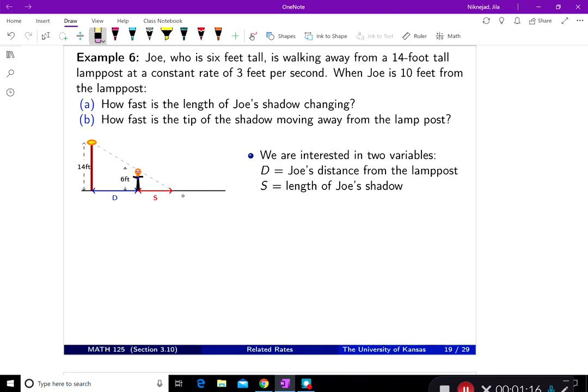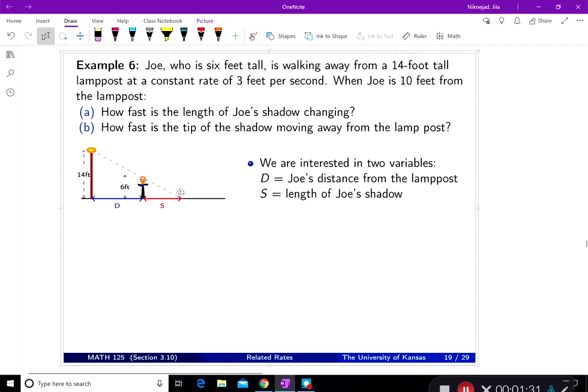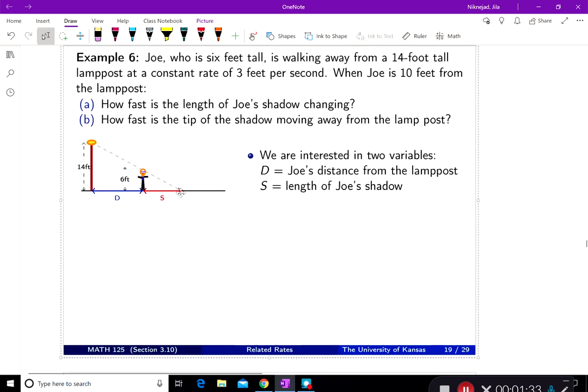The other interesting part is that we know this shadow gets bigger and bigger as Joe moves away from the lamppost. Also, when Joe moves away from the lamppost, the distance between Joe and the lamppost increases.